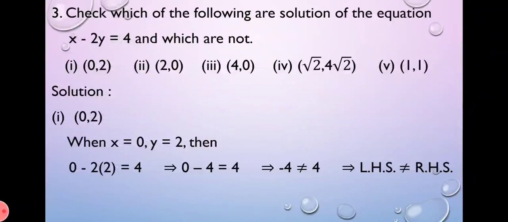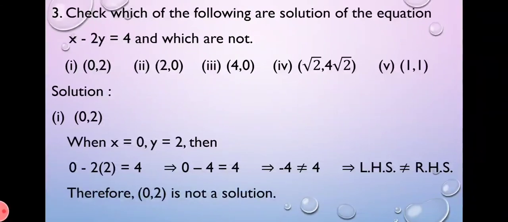We get 0 minus 2 into 2 equal to 4. Further solving, we get 0 minus 4 equal to 4, that is minus 4, which is not equal to 4. So left hand side is not equal to right hand side, therefore (0, 2) is not a solution of the given equation.